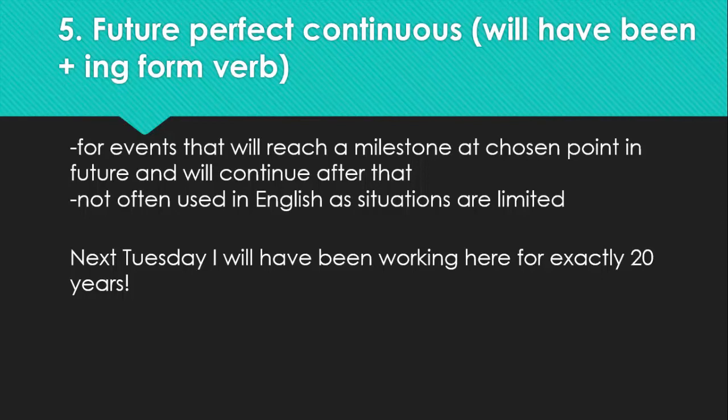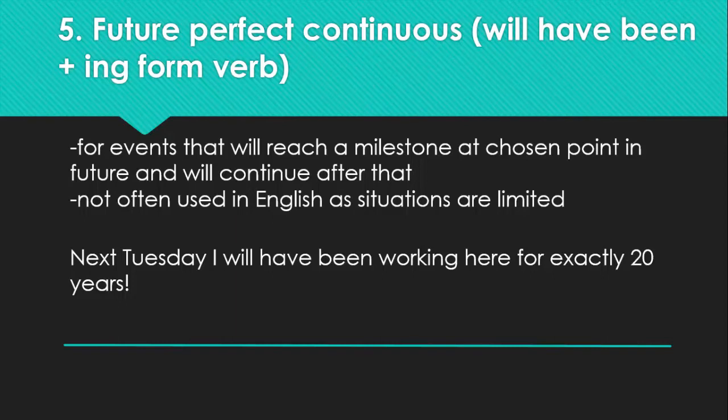It is a process, and in the future it will reach the 20-year mark, the special anniversary. And then after that, you expect to continue. That's why it's the future, next Tuesday, perfect, reach the milestone, continuous. I'm doing it now, I will carry on doing it in future.